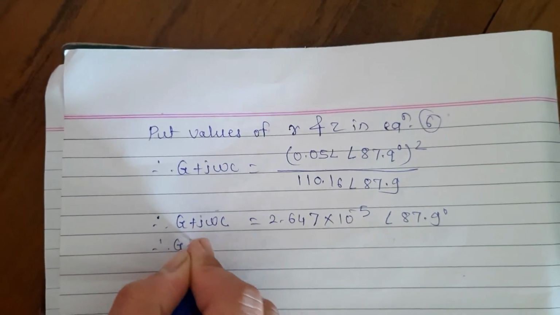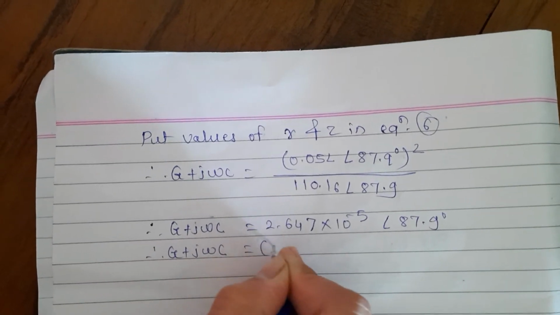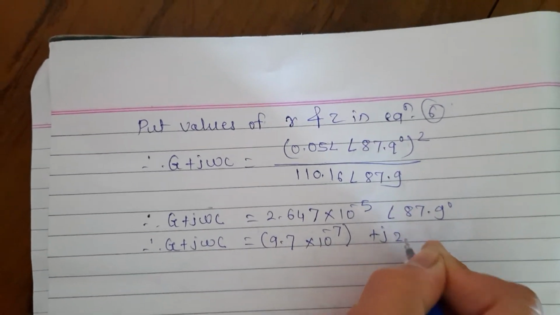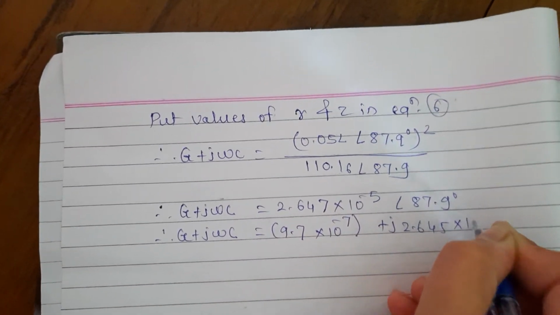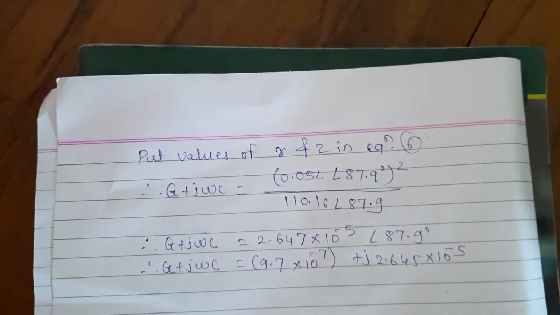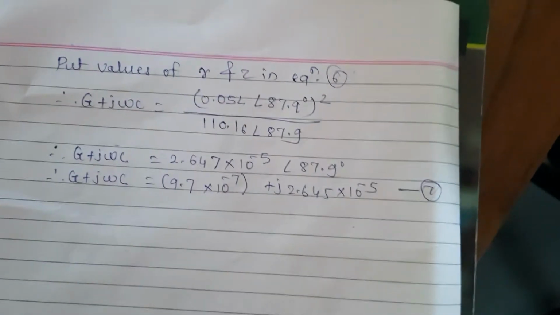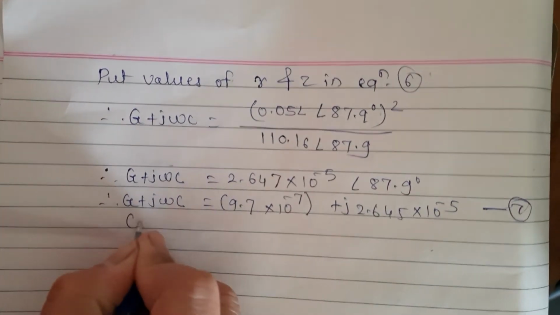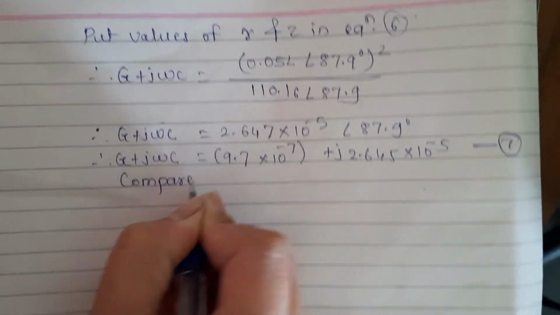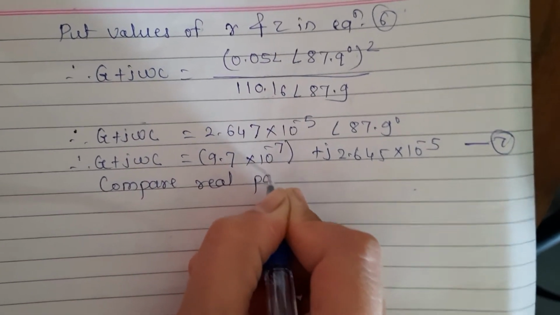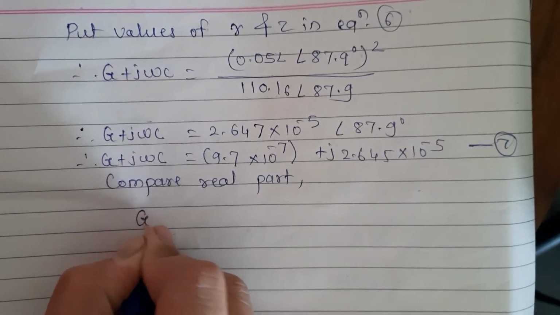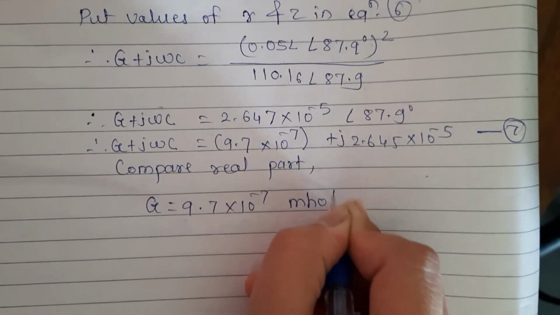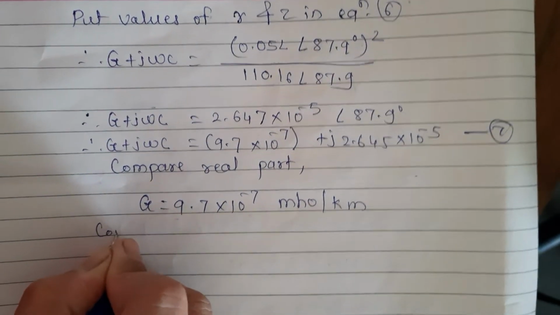Therefore G plus J omega C is equal to 9.7 into 10 raised to minus 7 plus J 2.645 into 10 raised to minus 5. This is equation 7. Now compare real part of equation 7. So we get G is equal to 9.7 into 10 raised to minus 7.